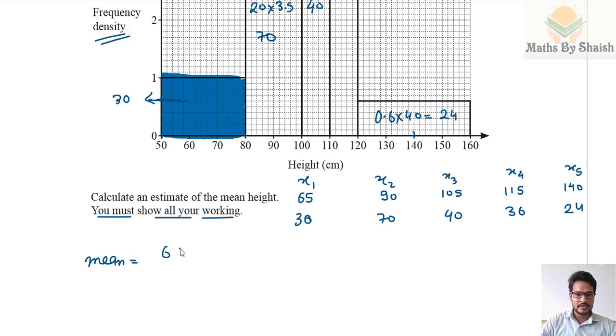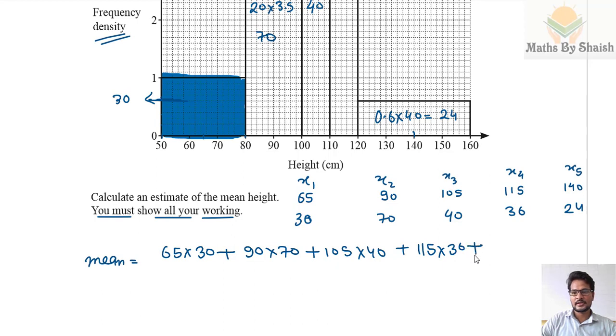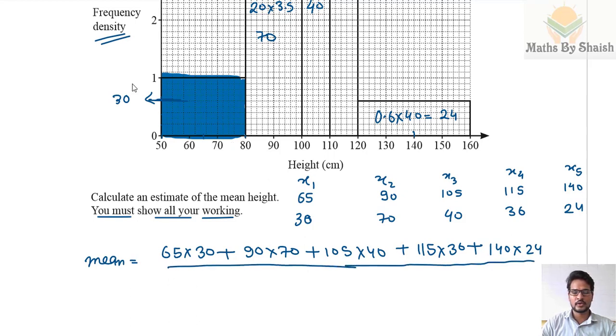Mean is 65 into 30 plus 90 into 70 plus 105 into 40 plus 115 into 36 plus 140 into 24, and then the whole divided by the total frequency, which has to be 200, it's given.